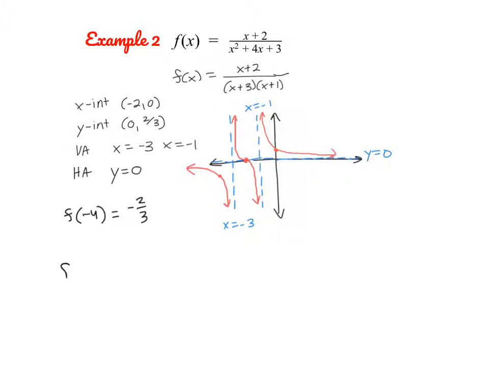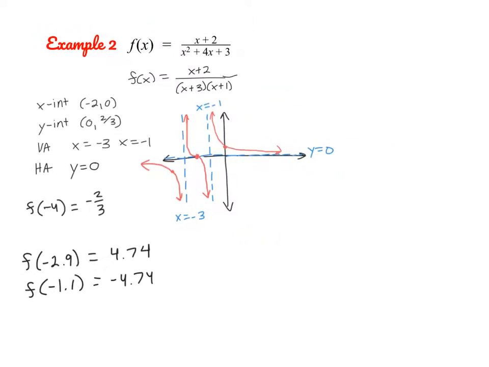So for example, we could find f of -2.9, and then we could find f of -1.1 and see what we get. f of -2.9 is 4.7, so that implies that our graph is going to start going up as x approaches -3 from the right, and f of -1.1 is -4.74, so that implies that it's going to go down on this side.